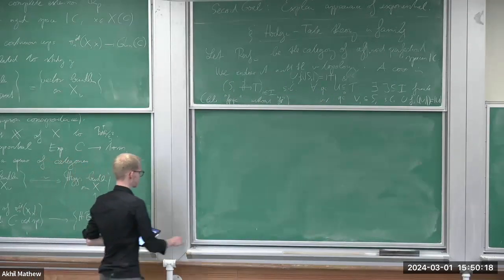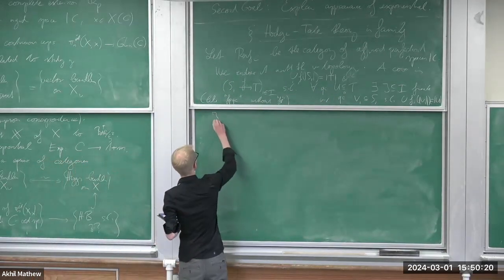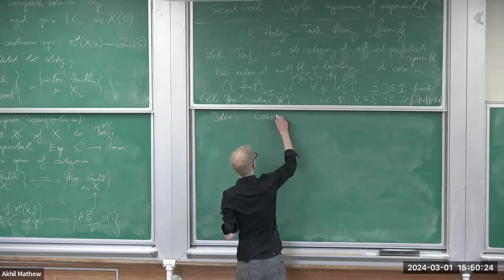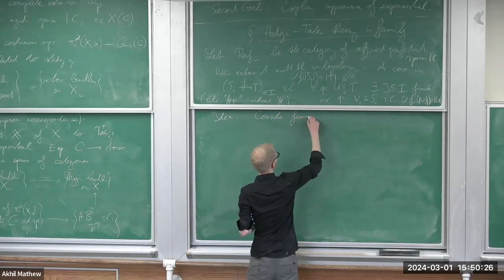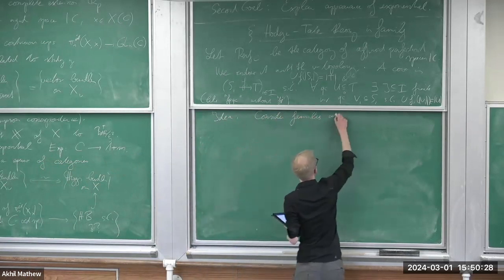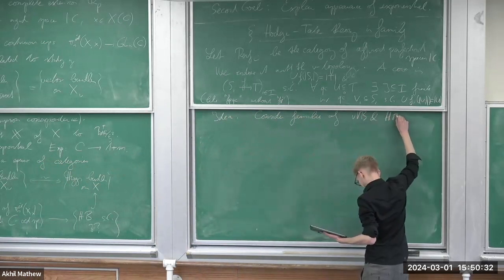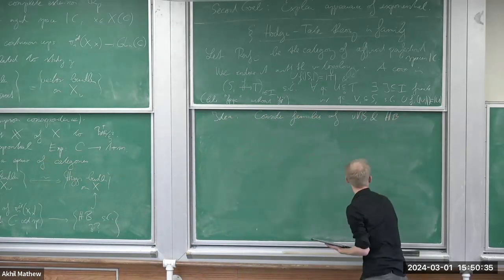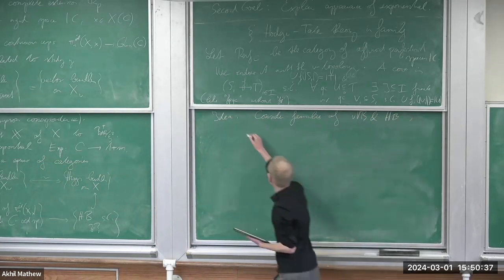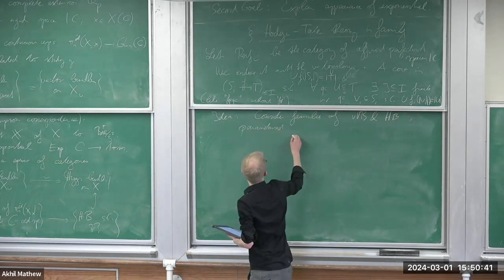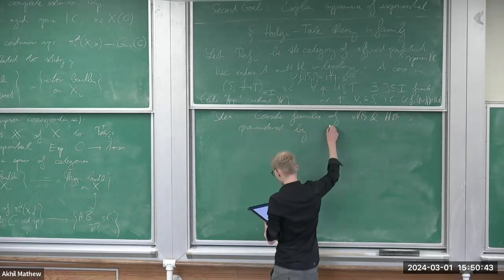Okay. So the idea is we consider families of E-vector bundles and Higgs bundles which are parameterized by perfectoid spaces.